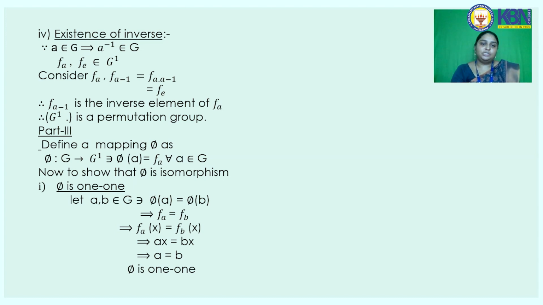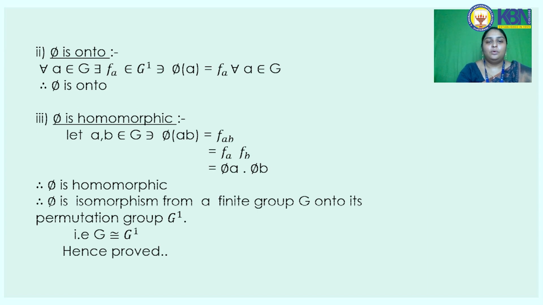By the definition of the permutation, we can write f_a at x as ax, similarly f_b at x as bx. Since all the elements a, b and x are elements in the finite group G, and a finite group G always satisfies the cancellation law, by using that property we cancel x on both sides, then we get a is equal to b. That is, if phi of a equals phi of b, then we get a equal to b. Clearly we can say that phi satisfies the 1-1 property.